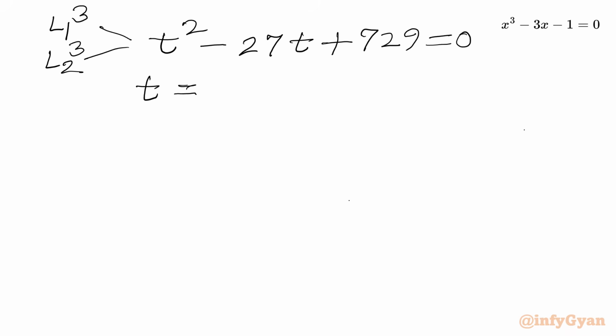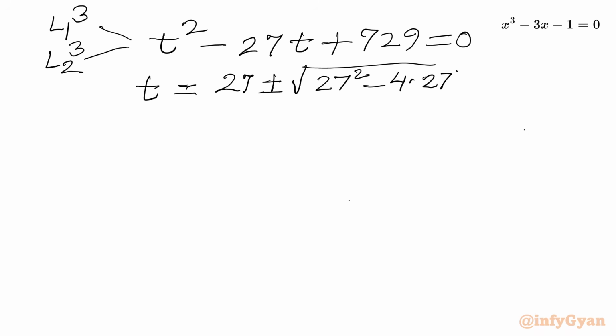So t will become minus b plus minus square root of b square. We will write 27 square, minus square is plus, minus 4 times 1 times 729. So 4 times 729 is 27 square, over 2 times 1, so 2. Now we will take 27 out of this square root.